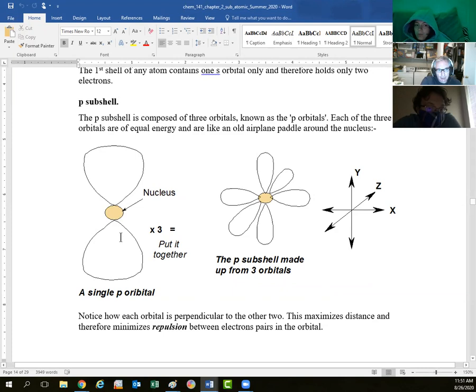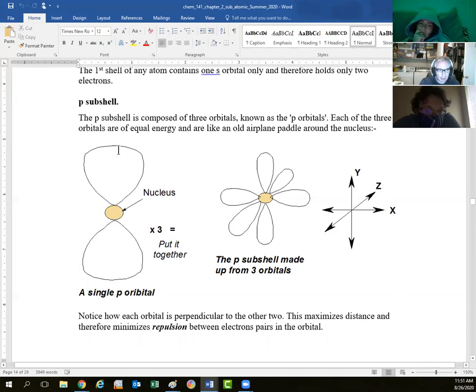But the shape of each of these orbitals is different from what we saw in the S subshell. Now each orbital looks like a propeller blade, either side of a nucleus. The first one is straight up and down on the y-axis. The second one goes from left to right on the x. And the last one goes in and out of the page on the z-axis.